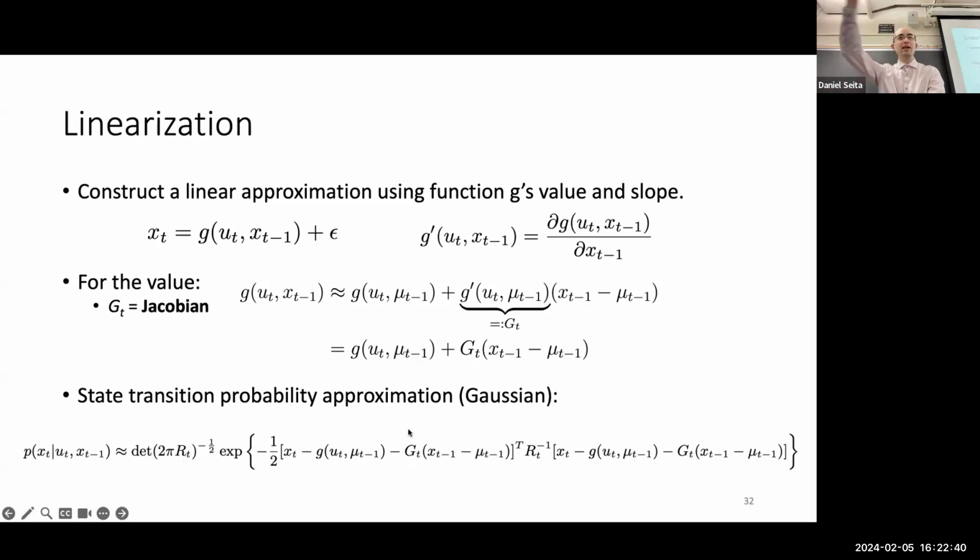And then you repeat it on the other side, then you stick in the inverse of the covariance here. And again, we're assuming that epsilon follows a zero mean Gaussian with covariance specified by R_t. So it's time varying, but if you're modeling a problem and you think that the noise is the same over time, just get rid of that t notation.